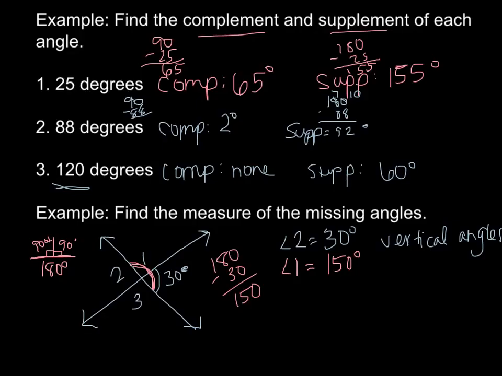Okay, so if we know that, let me find a different color here. If I know that this angle is 150, then I know the opposite angle, or angle number 3, is also 150. Then we can write supplementary.